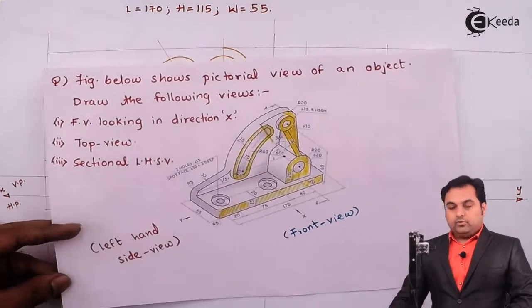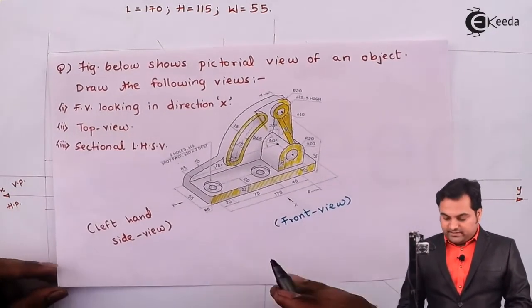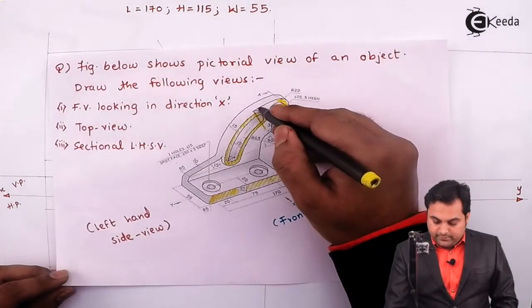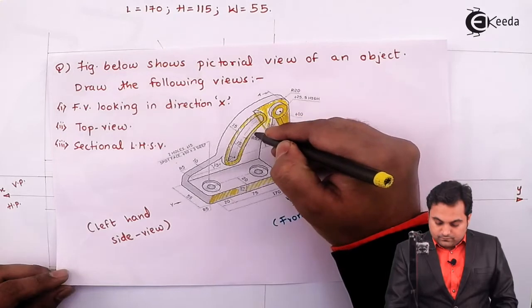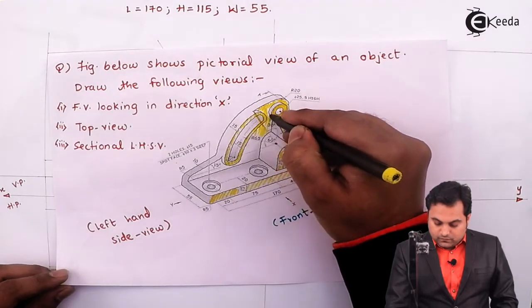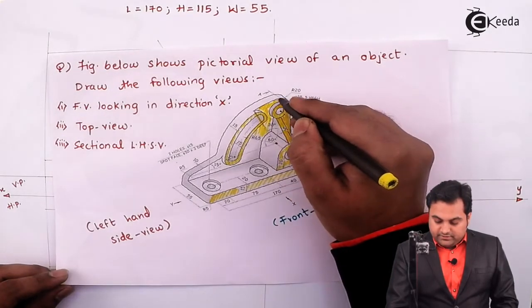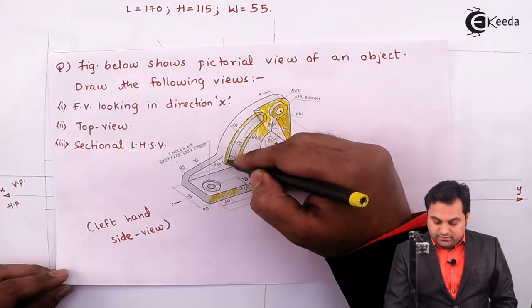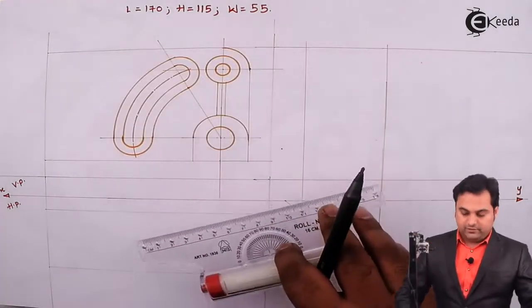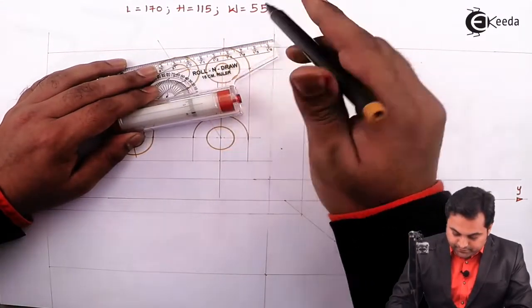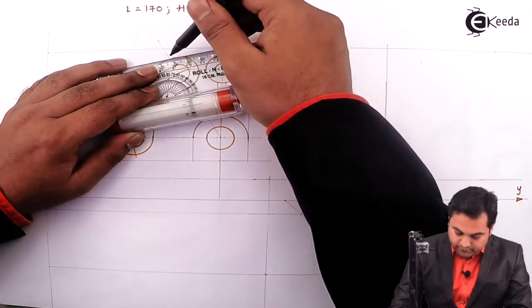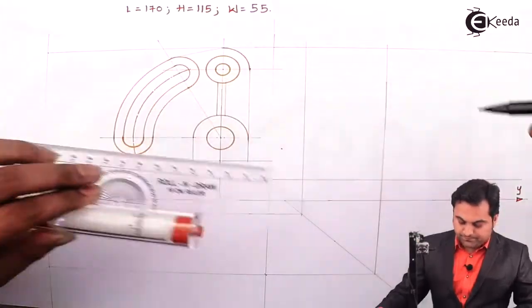Then when I'm looking along the x direction, that is for the front view, here I'm getting a surface which is connecting this arc and the inclined portion here. So for that, here I am going to draw a tangent connecting both the surfaces with the help of a light line.